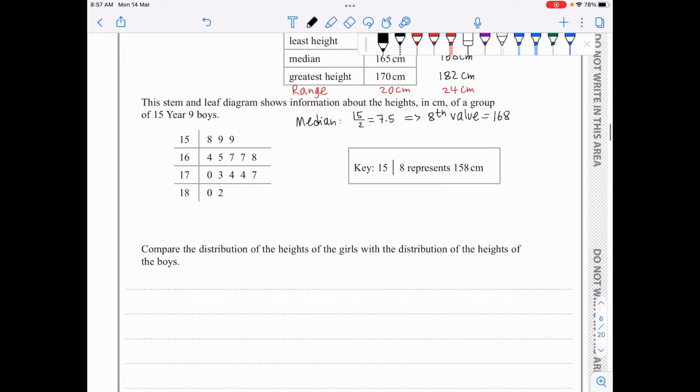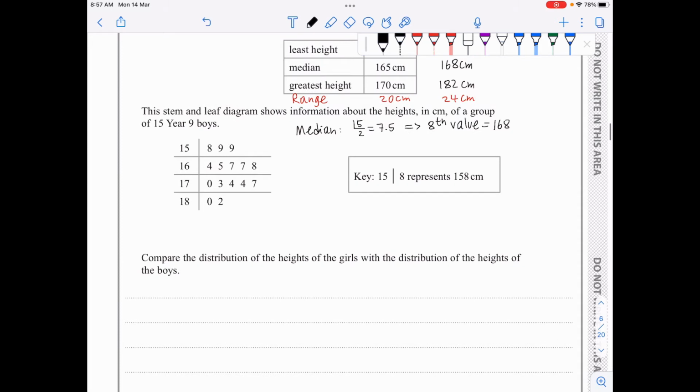So I can say that the boys have a wider range of heights than girls. And I've got my justification here.